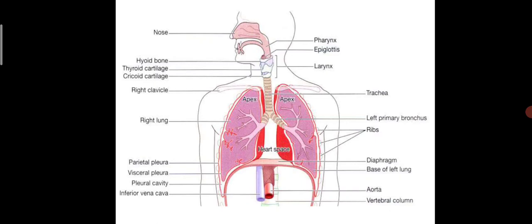This diaphragm involves intercostal muscles, and these muscles cause the contraction and relaxation of lungs. See, the lungs are also supported by artery and vein for oxygenated and deoxygenated blood. One by one we are discussing the organs of respiratory system.